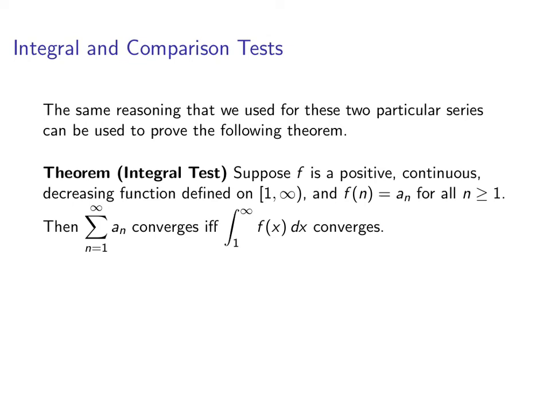The integral test tells you that the series converges if and only if the corresponding improper integral converges. So if one converges, the other converges. If one diverges, the other diverges. We've already got some practice with computing improper integrals, so knowing whether or not the improper integral converges will tell us something about the series.